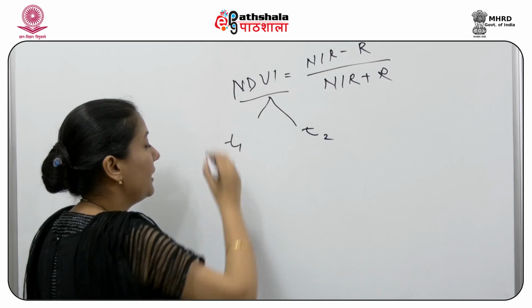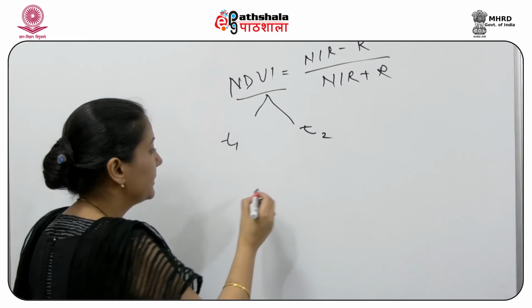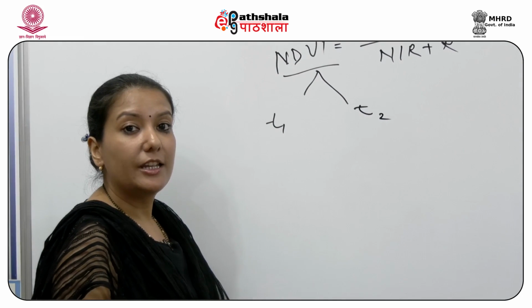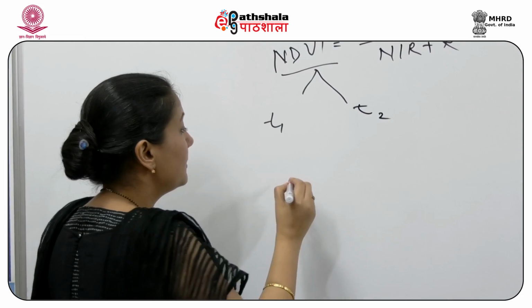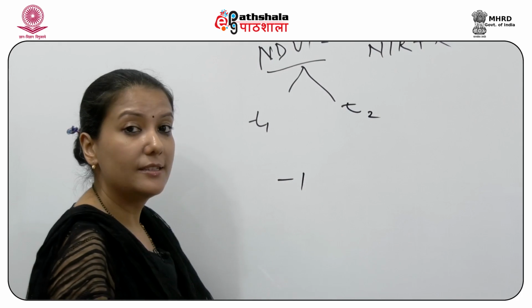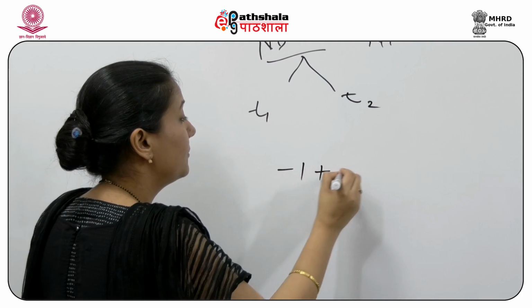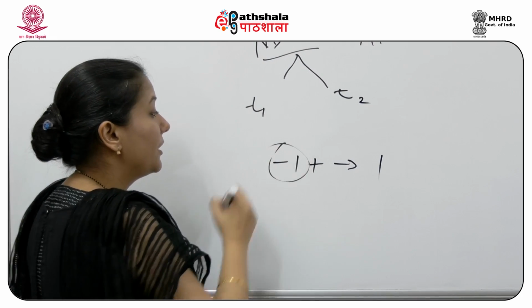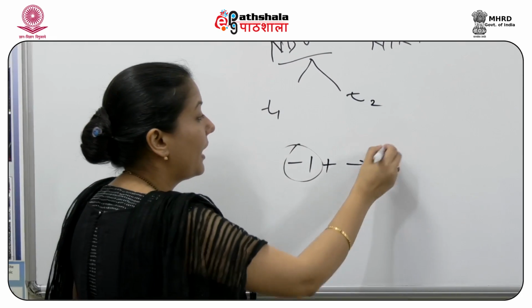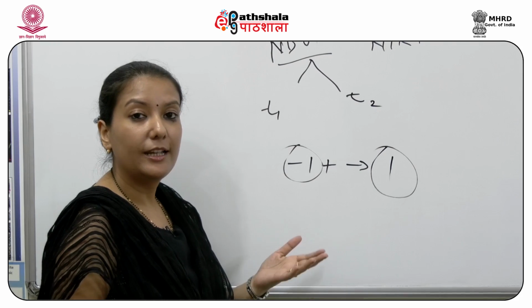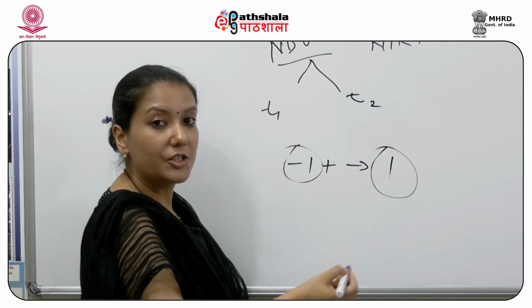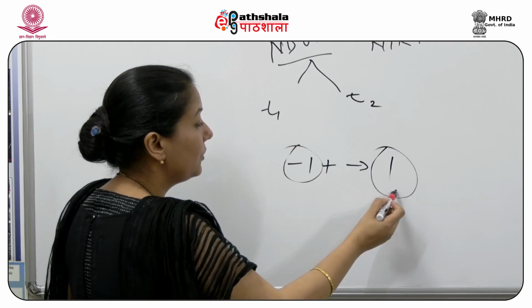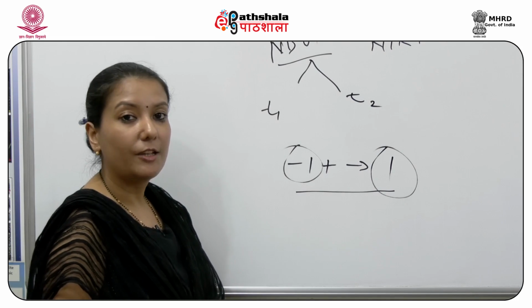Your NDVI value implies the health of vegetation at any particular time. Because it's a normalization, it varies between -1 and 1. A value of -1 means there is no vegetation, and 1 represents a very high value of healthy vegetation.